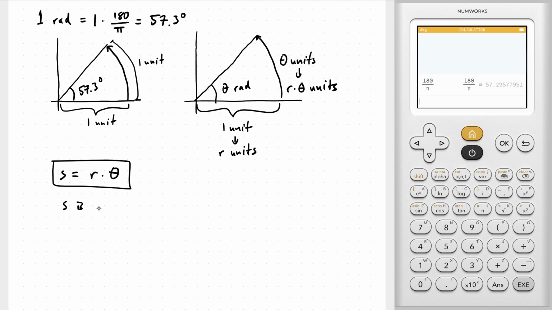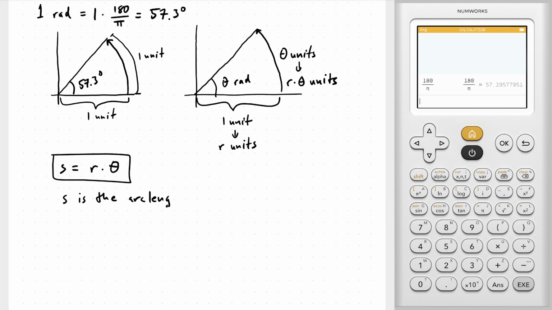And in this formula, S is the arc length. Okay. So S is the length of the arc.